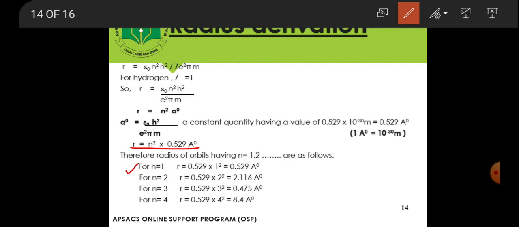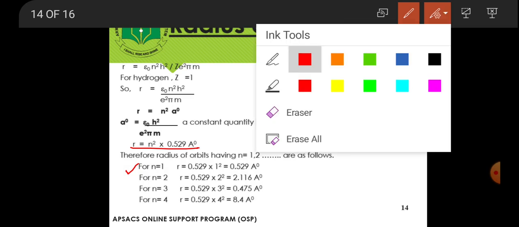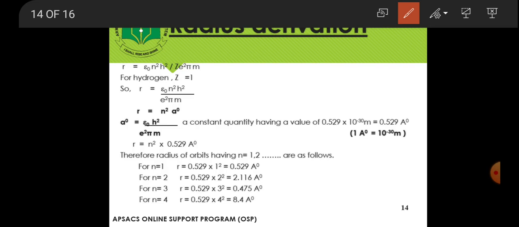The value of n for the first orbit is 1. So r is equal to 0.529 into 1 square, and we will get the value 0.529 angstrom.